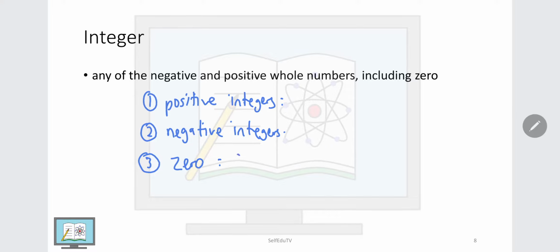So 0 will be just 0. Positive integers, for example, 1, 2, 3, 4, 5. Negative integers, here are some examples.